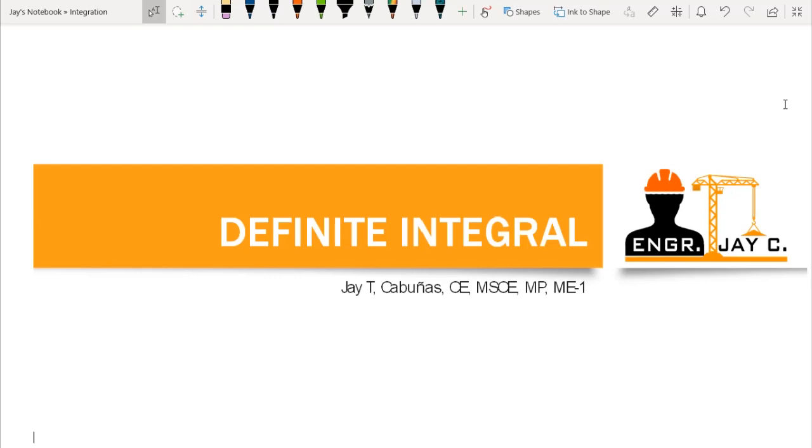Since in definite integral, we have limits in the function, for example when we have the integration of our function of x dx, we have a certain limit, let's say from a to b. Now, what is the application of a definite integral?